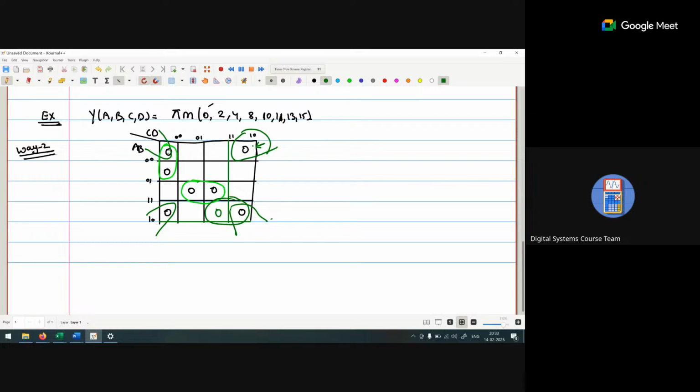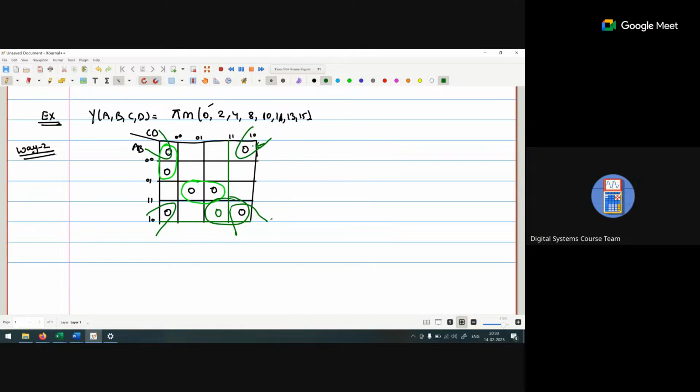Why? Because further simplification is possible in that scenario. But sir, previous zeros are also taken in previous groups. I already discussed in the previous class that even if a min term or max term is covered in a group, to increase the size of the group we can reconsider that one.